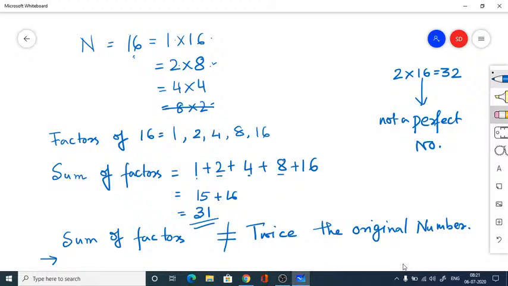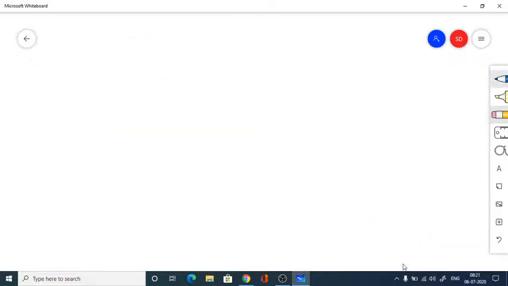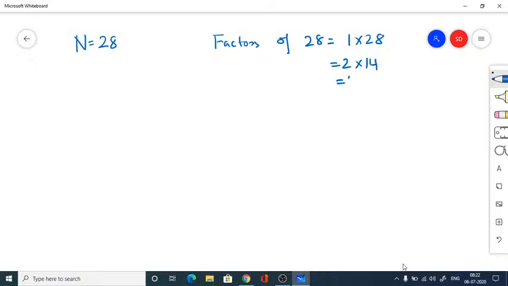Let us do another one. Let's take n equal to 28. What are the factors of 28? 1 into 28, 2 into 14, 4 into 7, 7 into 4.